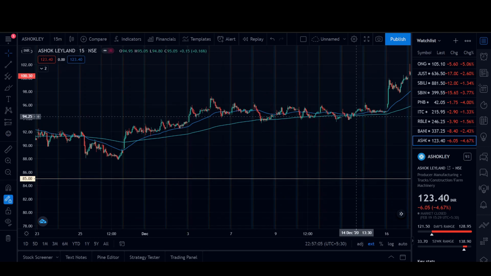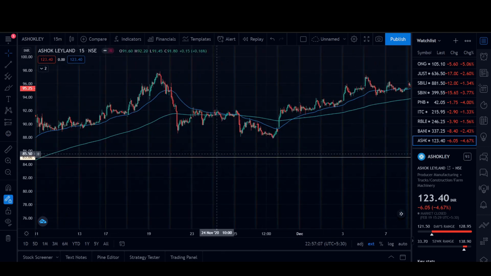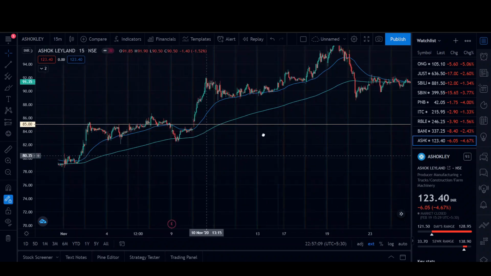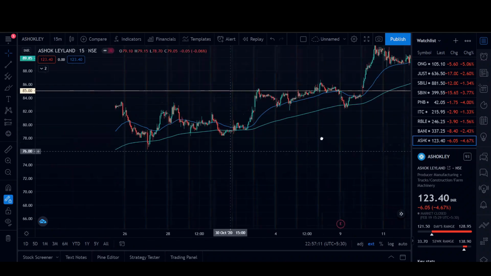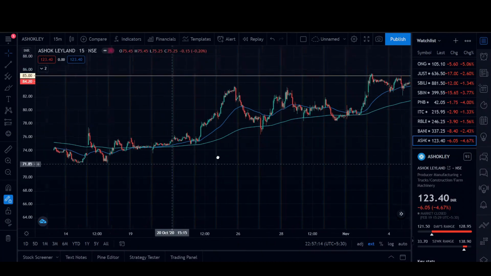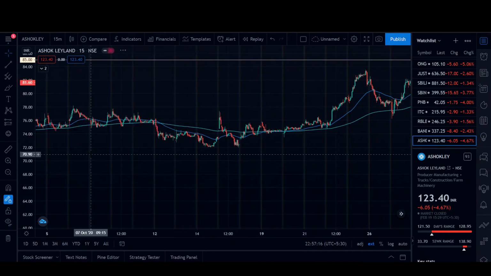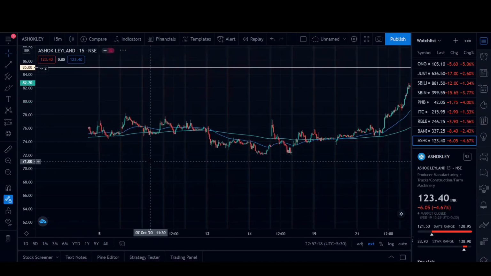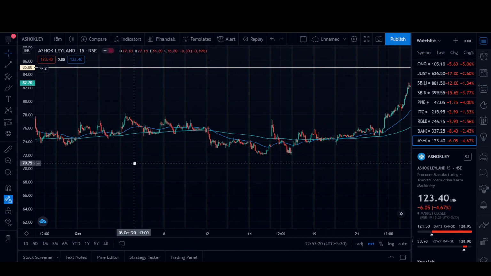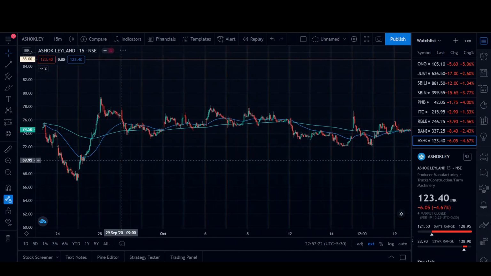So let me give you another example of a short signal. This is quite a simple strategy and pretty easy to follow.